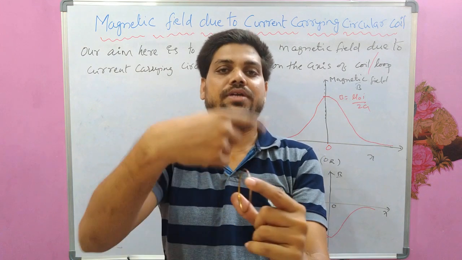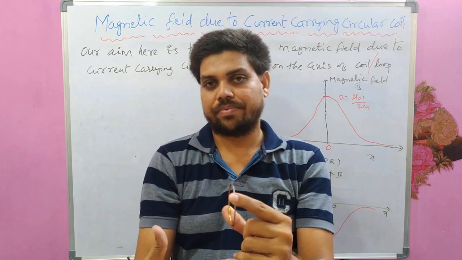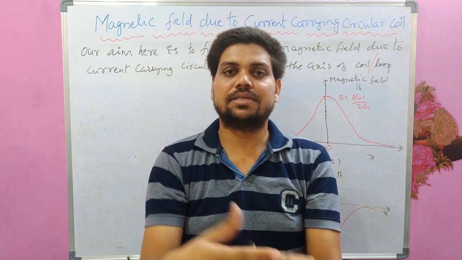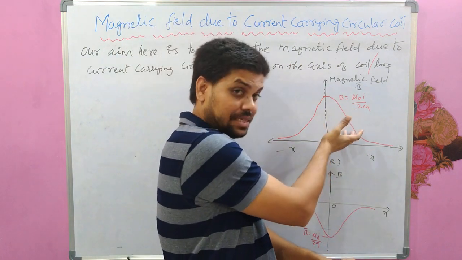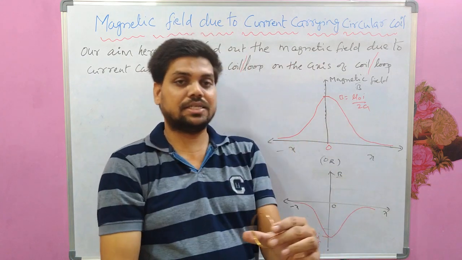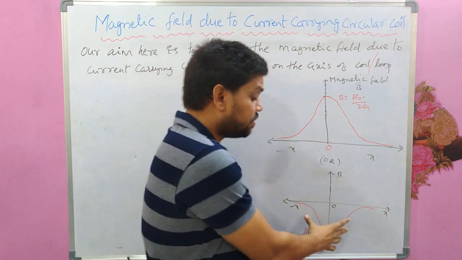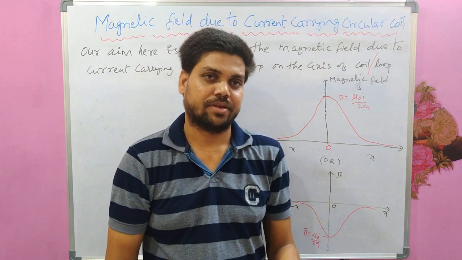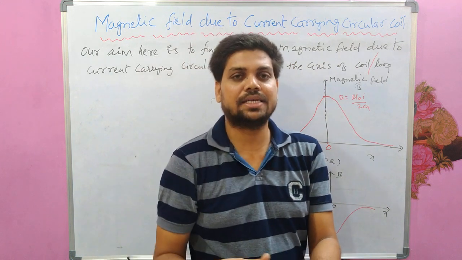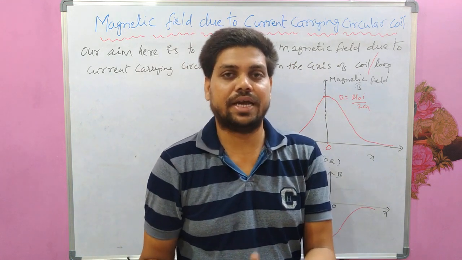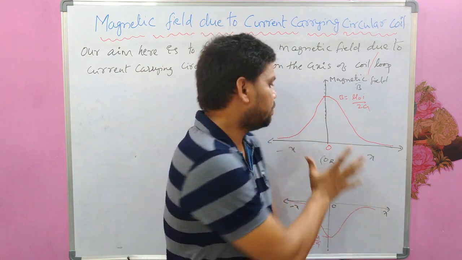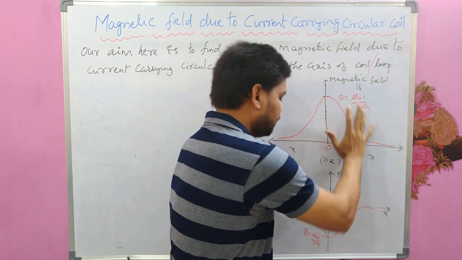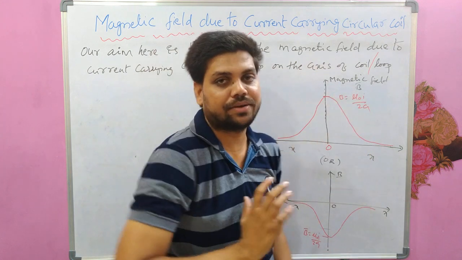So if the current is clockwise, the graph may be like this, or if the current is anti-clockwise, the graph may be like this, or vice versa. Depending on the current direction, we will have the magnetic field direction. But on either side of the coil, it will be in the same direction, either positive or negative.